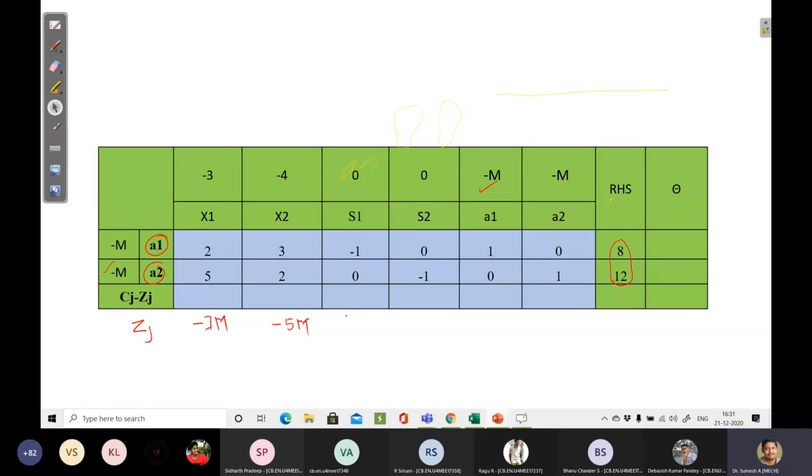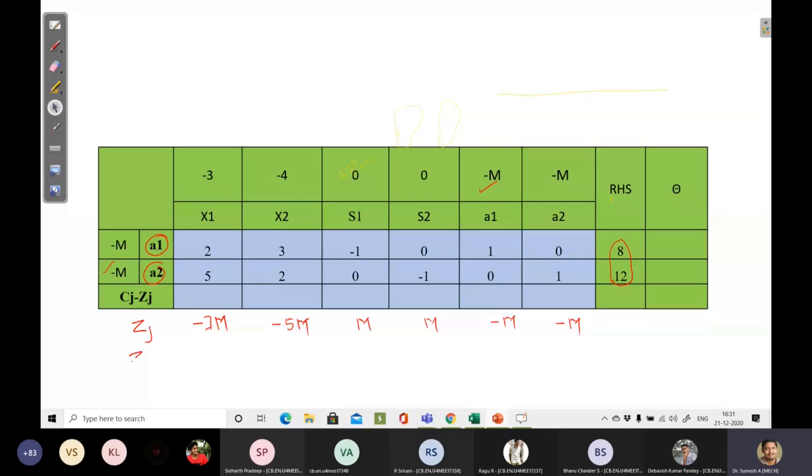Here it will be M. Am I right? Here also it will be M. Here it will be minus M. Here it will be minus M.